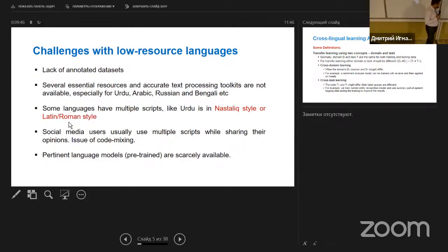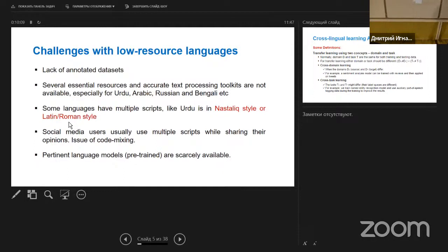The third one is that some languages have multiple scripts. Social media users usually write their opinions and share their views using those multiple scripts. Like Urdu is available in two scripts: the Nastaliq style, that is in Arabic script, and the other is Roman style.